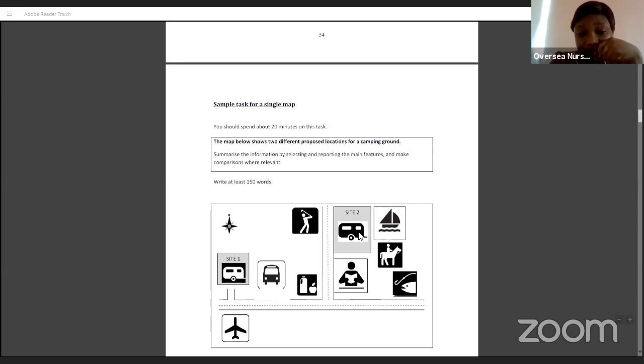Furthermore, site 2 is located on the northwest, while site 1 is located on the south.